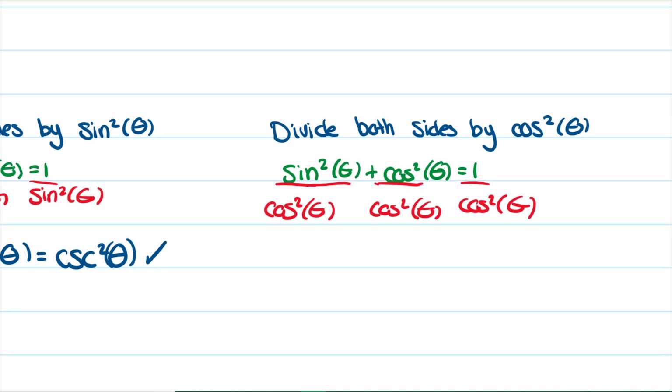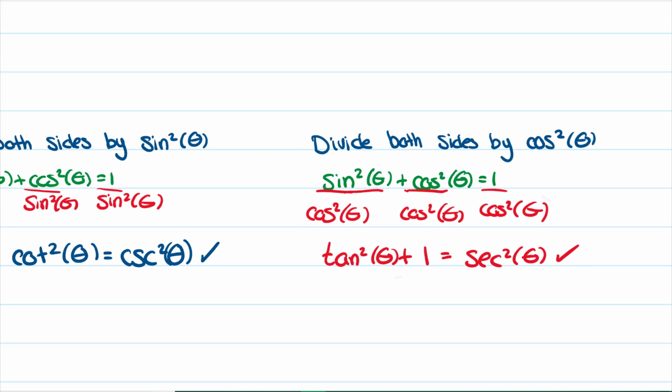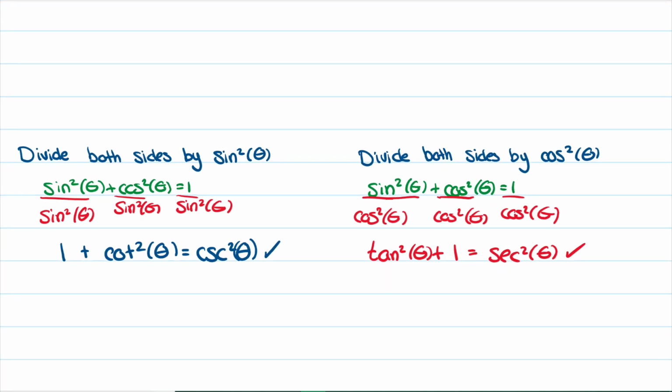So sine squared over cosine squared is going to be tangent squared. And then cosine divided by cosine is 1. And 1 over cosine squared is going to be secant squared. And that gives us our other identity. So if you do not want to memorize them, you can do this every time. If you do this enough, you will end up memorizing them anyways.